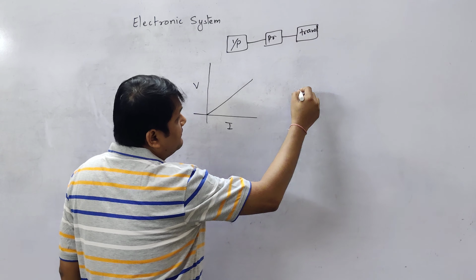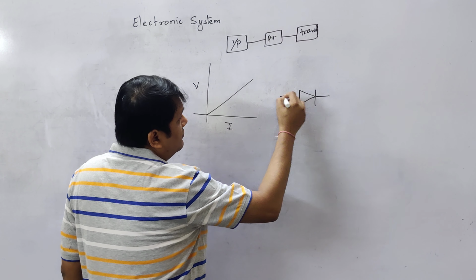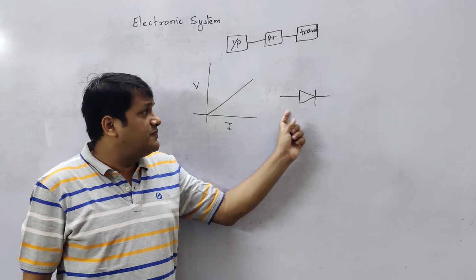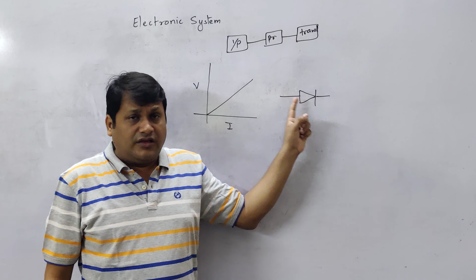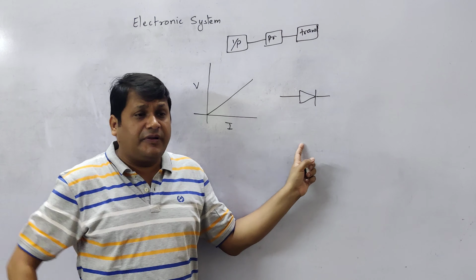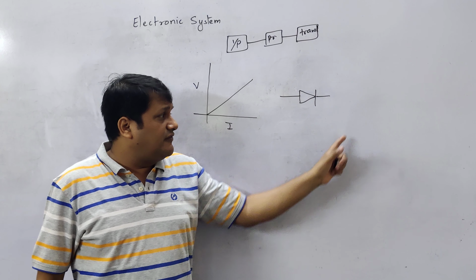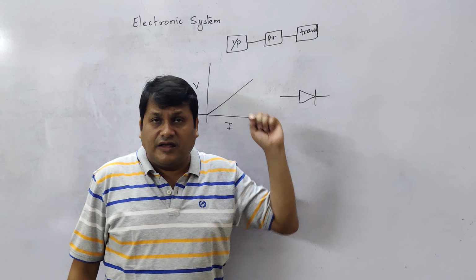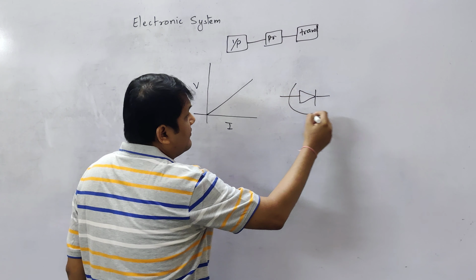There is a diode, right? This is the symbol of a diode. You should know the PN junction diode. This is positive, this is negative. If this is connected to a P terminal, positive terminal, and if it is connected to a negative terminal, this will conduct basically. Now what is an LDR?